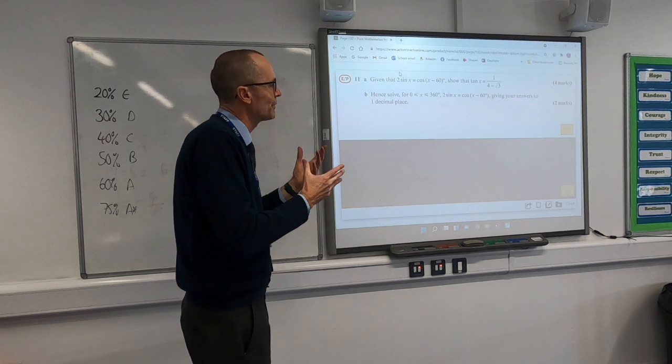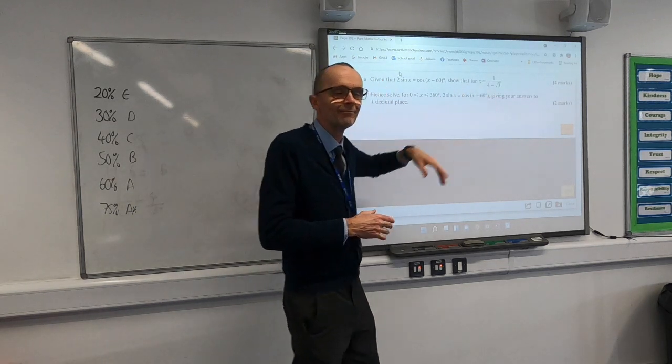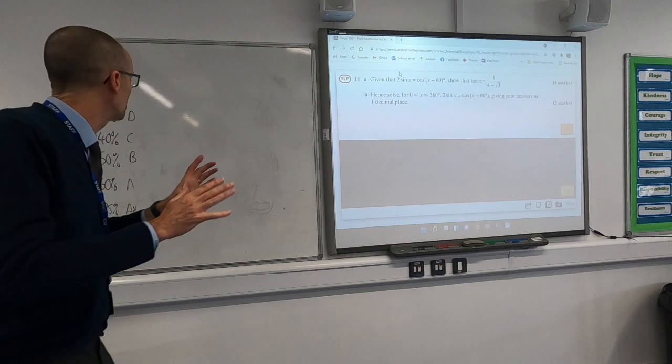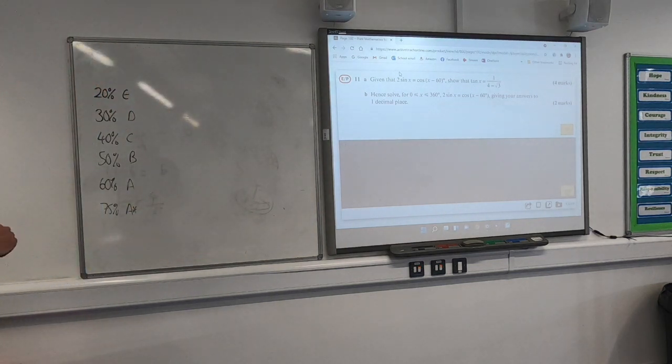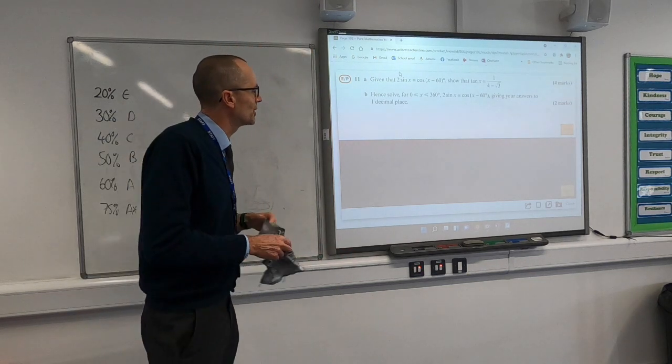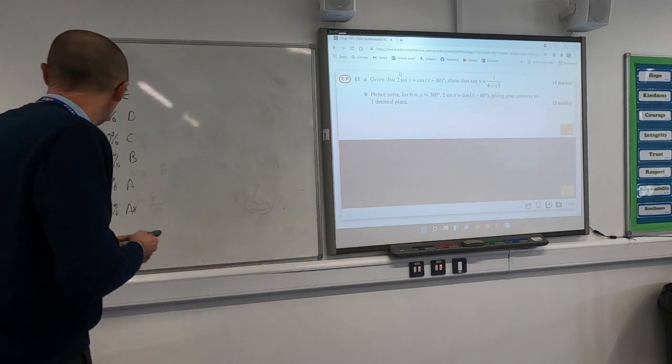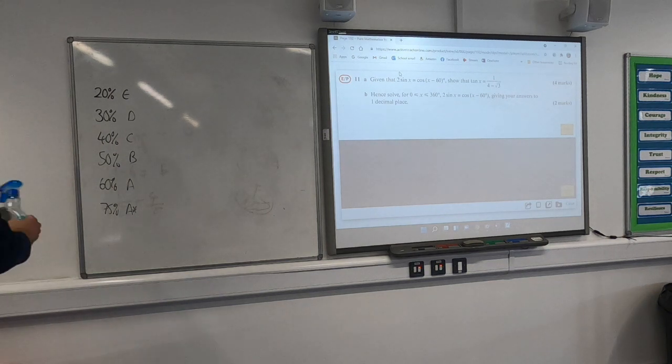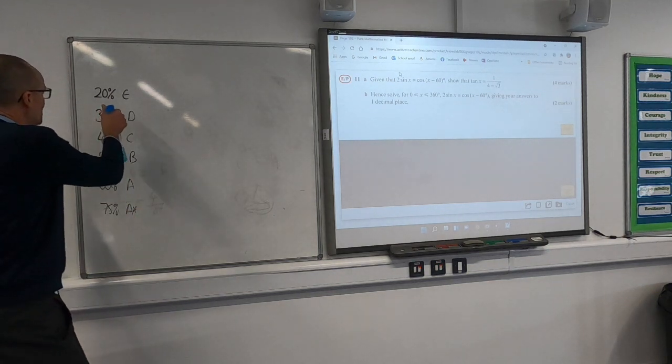And then we've got to somehow turn that into a formula for tan. We're only doing part A of this question. This is on page 193, question 11, in the Pure 2 textbook.